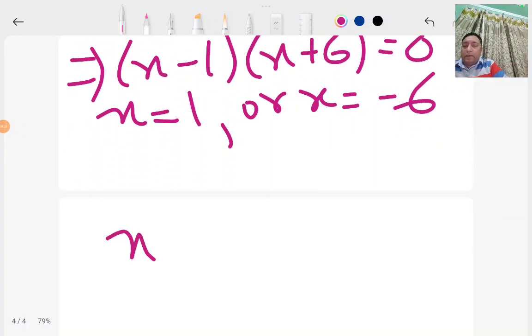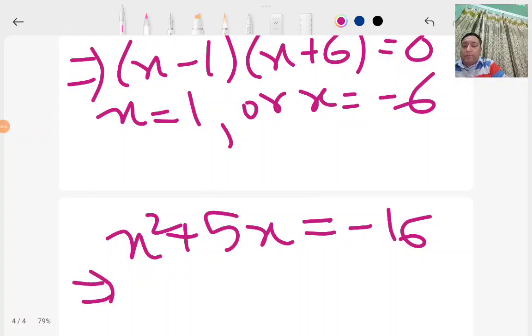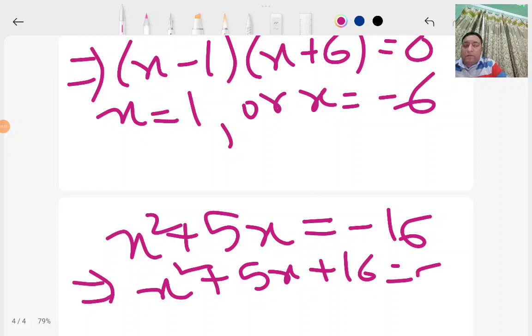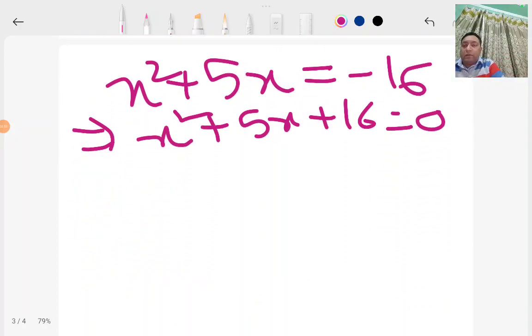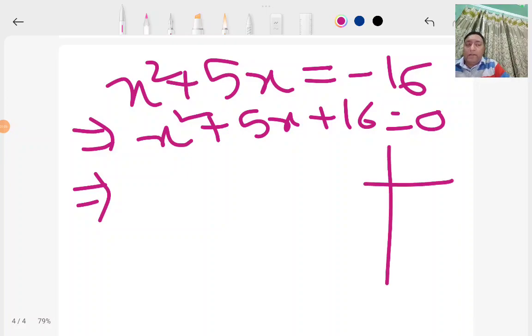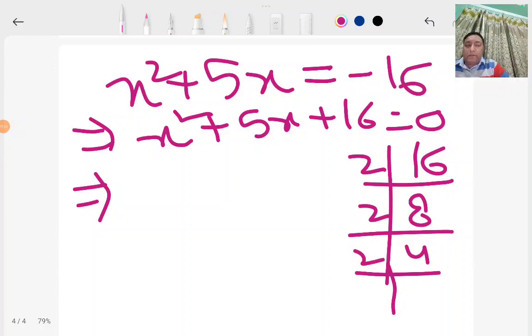What are we going to do? x squared plus 5x is equal to minus 16. This implies x squared plus 5x plus 16 is equal to 0. We have to find out whether it is possible to factor 16 in this. Let's see. I don't think so, because it's not working out. 16 is 8 times 2, or 4 times 4, or 2 times 2 times 2 times 2.